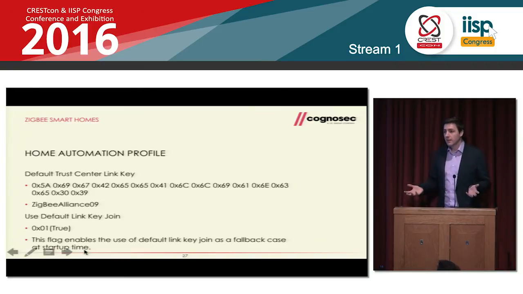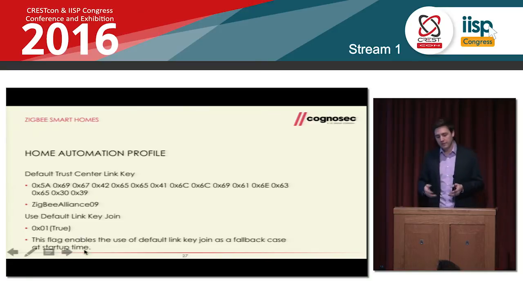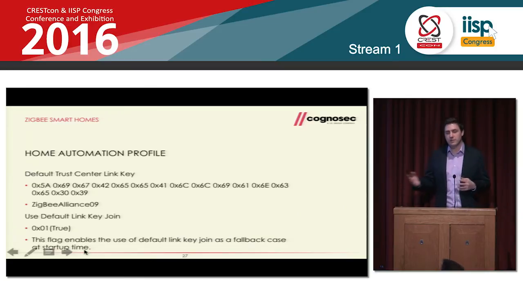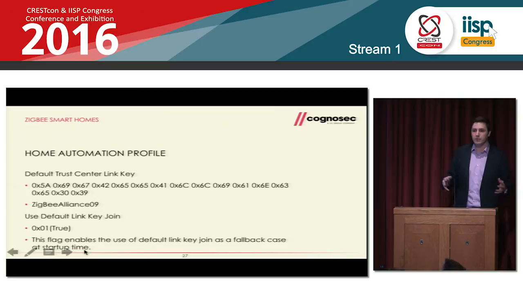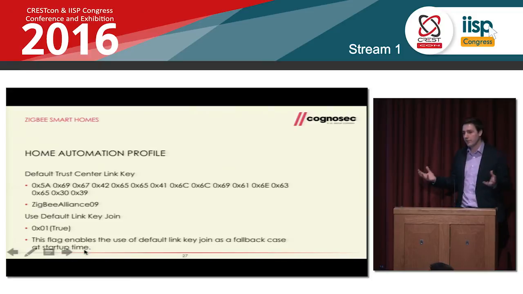Obviously, that's bad. So they invented an encrypted procedure and also made a default key as a fallback possibility to encrypt it. Because with third-party devices, you also want to join them to your network, but you don't have an established trust relationship, so you need some kind of default fallback key.